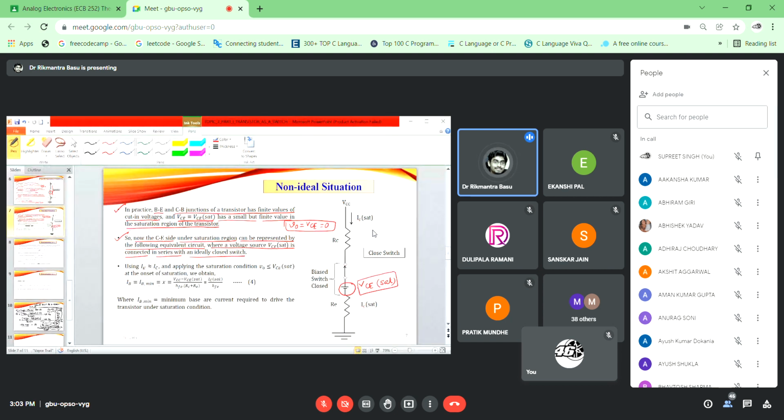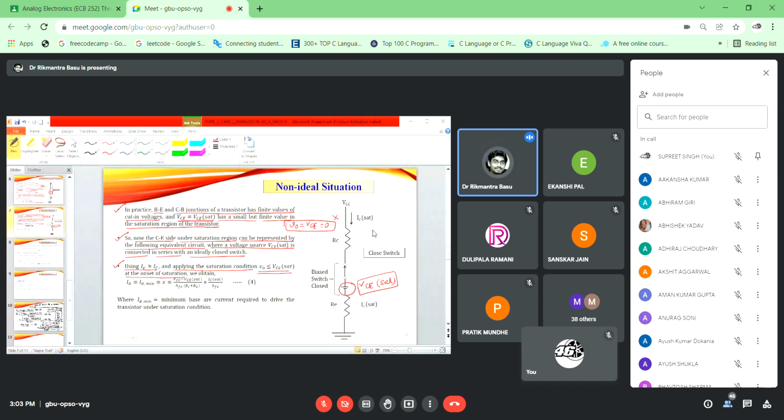That is the compromise we have to make for a non-ideal situation. So using IE almost equals IC and applying the saturation condition, that means V naught now is less than or equals VCE SAT, never equal to 0.